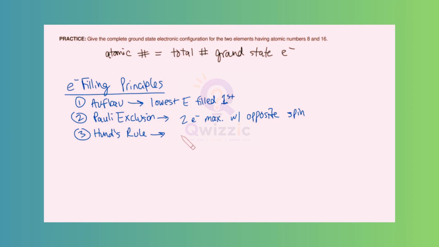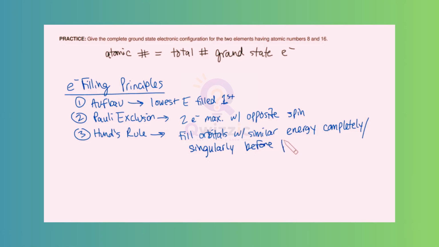So we have to fill orbitals with similar energy completely and singly before pairing. If that's confusing, you'll see what I mean when I draw it out.